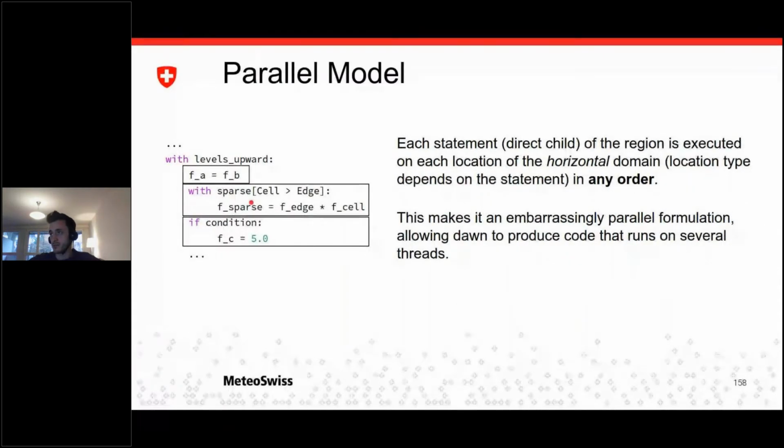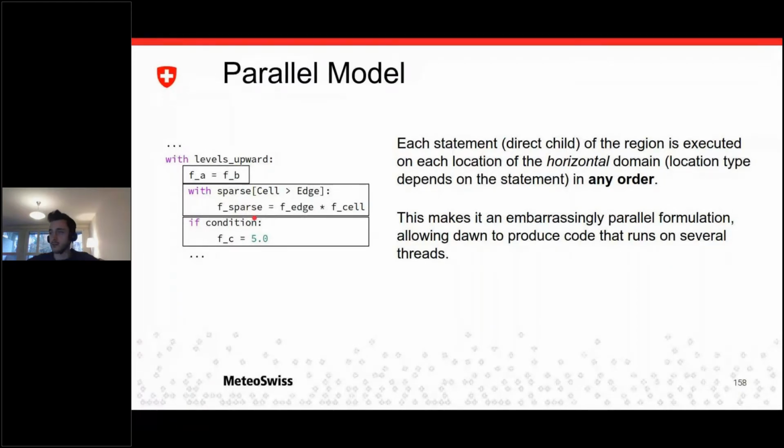To execute each statement, you need to, of course, go throughout the whole horizontal domain, so throughout the plane, in any order. So you iterate in any order through the locations of the same type. They can be edges or they can be cells. And this you do, of course, for each statement.